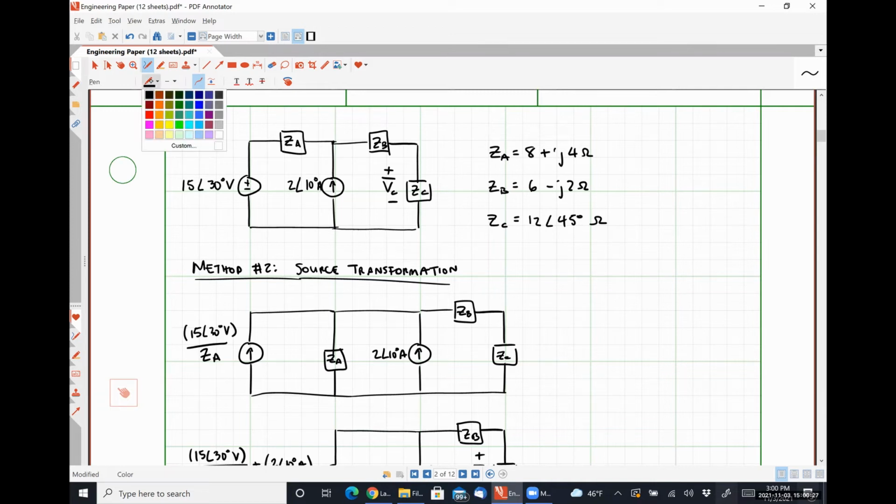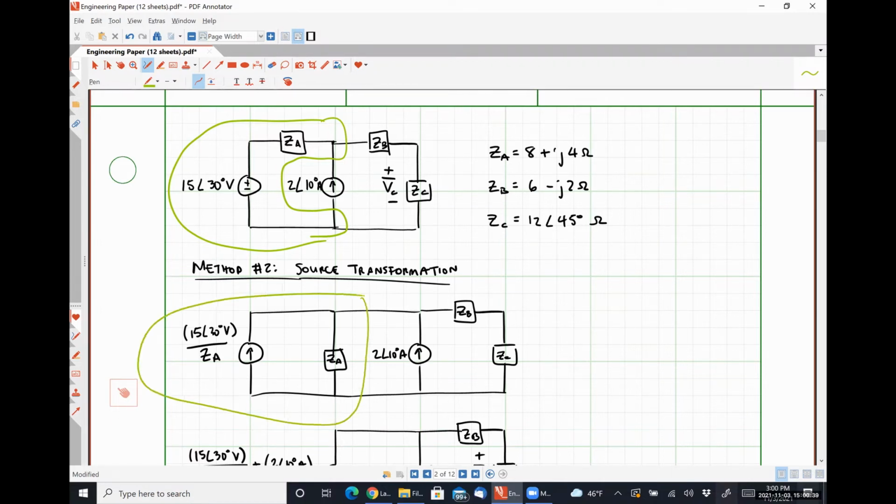So I converted this practical voltage source into this practical current source. Then I added the two currents together because they were in parallel and went on my merry way doing circuit analysis techniques.